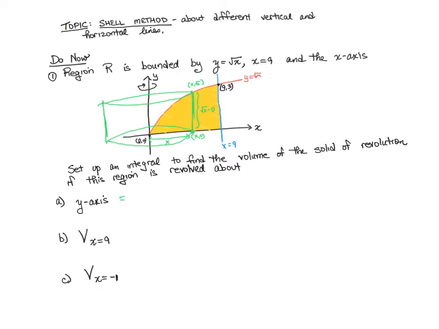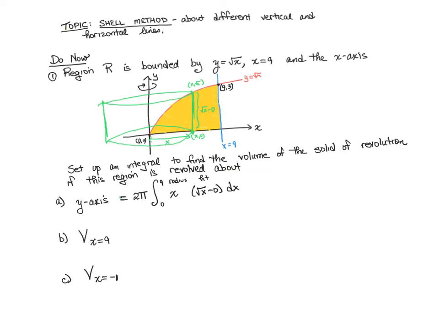So our formula is 2 pi, the integral with x limits of integration from x equals 0 to 9, of the radius of the shell times the height of the shell, and that's top minus bottom. So that's root x minus 0 dx. We did this in the last lesson.